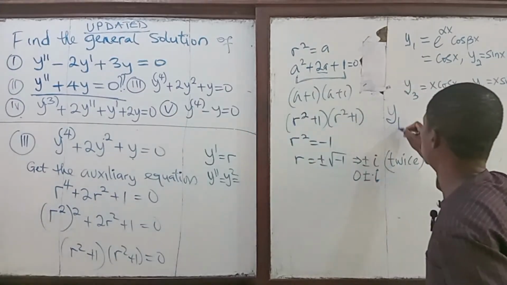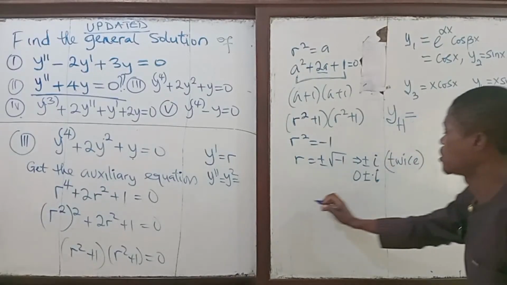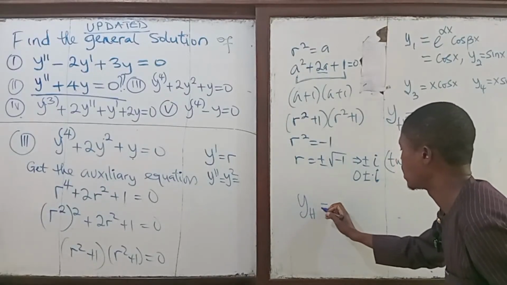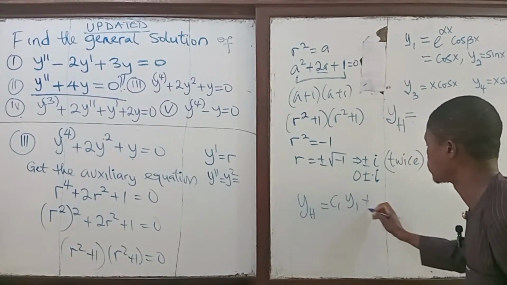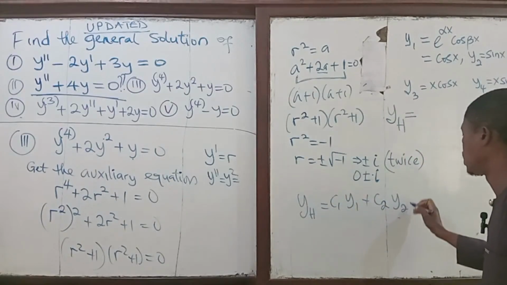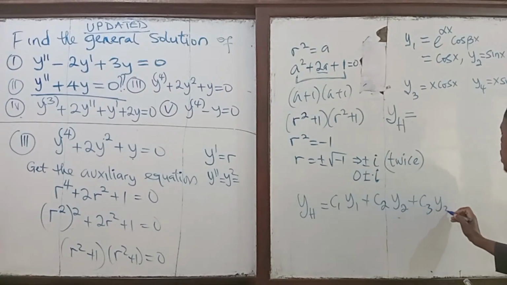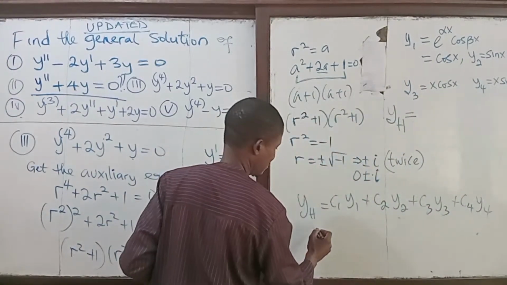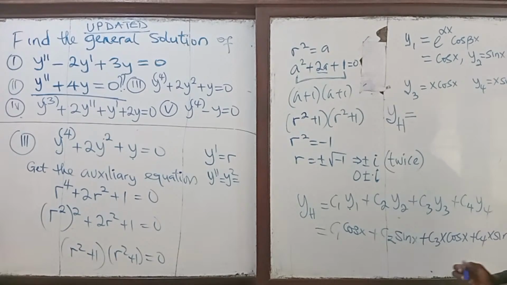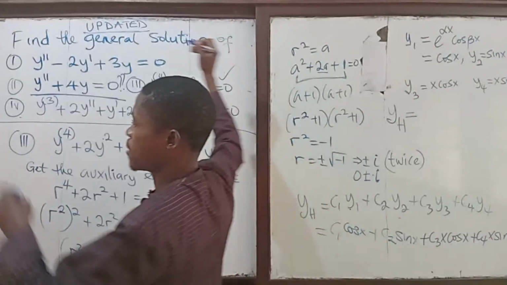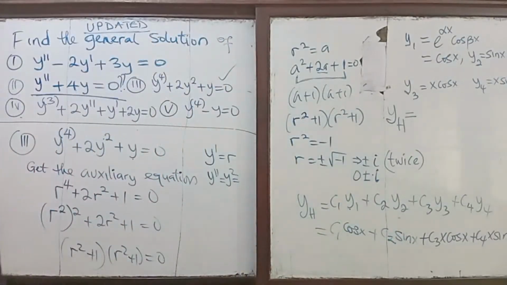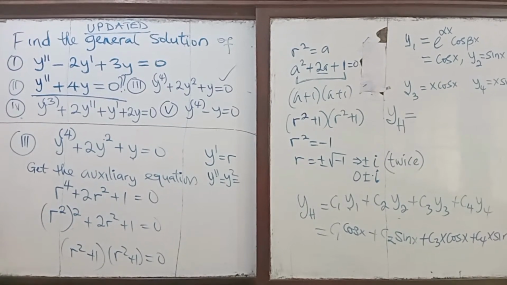The general solution will be equal to c1 y1 plus c2 y2 plus c3 y3, and then plus c4 y4, and then you plug in the y's. That finishes question 3.